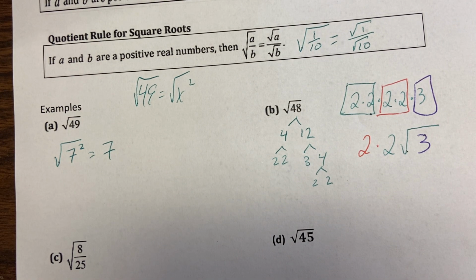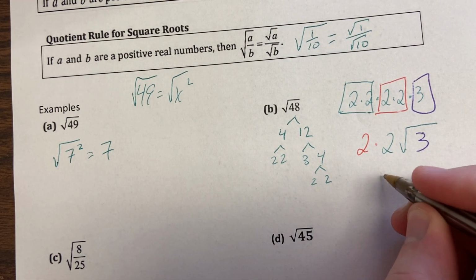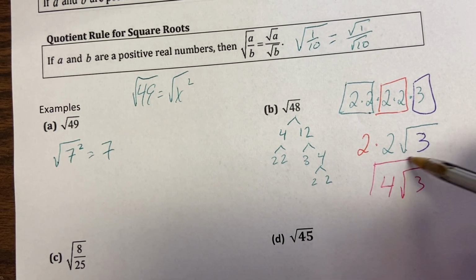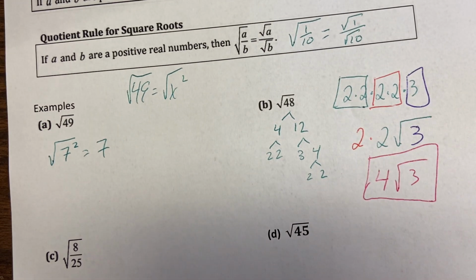So whenever we have a matching pair, we have that perfect square that we can pull out. However many there are, in this particular case we had 2 2's we could pull out. We need to make sure we're pulling all of them out, okay? So now we're just going to simplify. 2 times 2 is 4, and we've got the square root of 3 out. It is just getting into simplest terms.